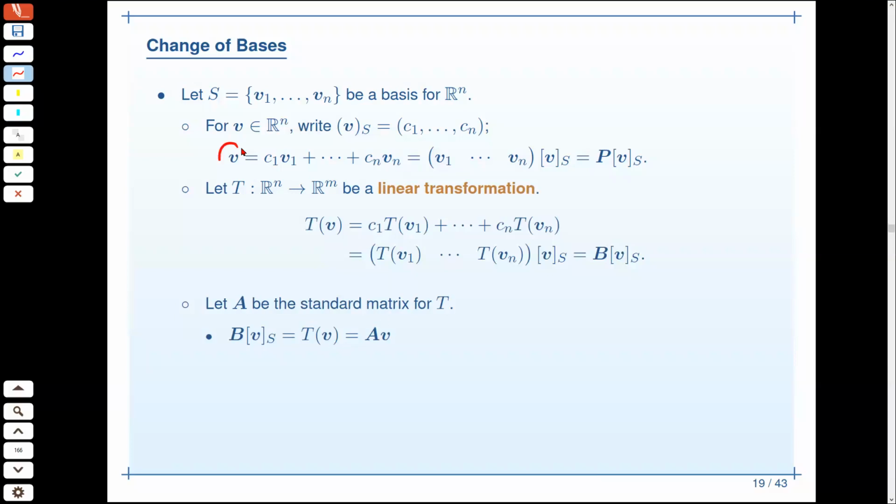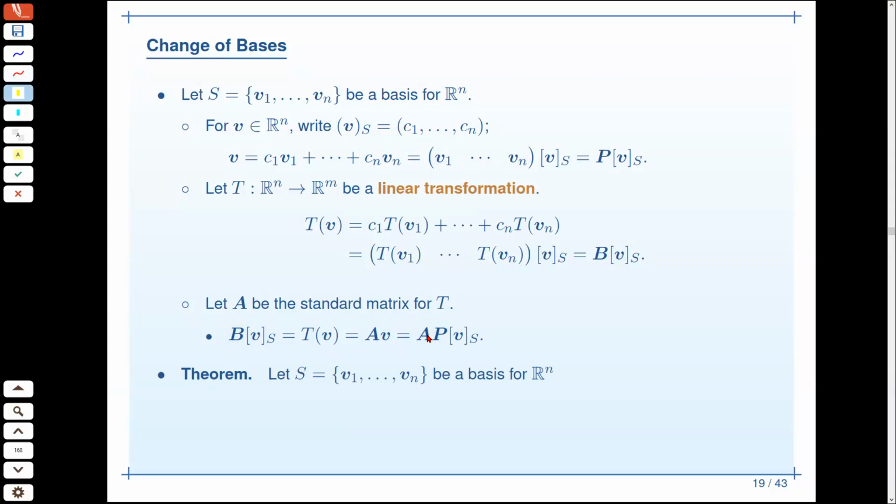Don't worry. v is P times the coordinate vector of v relative to S, so I replace v by that. These two are always the same, no matter what v and S are, no matter what the coordinate vector is. Therefore, these two matrices must be the same. So B must be AP.